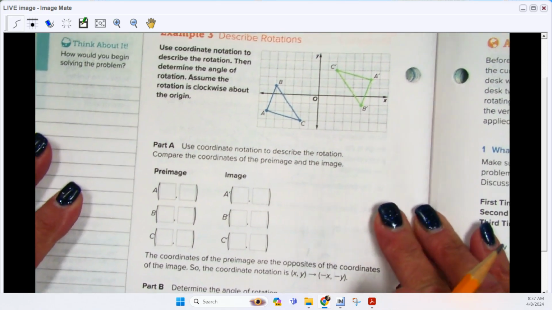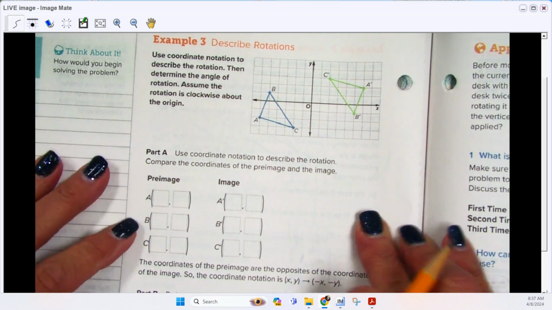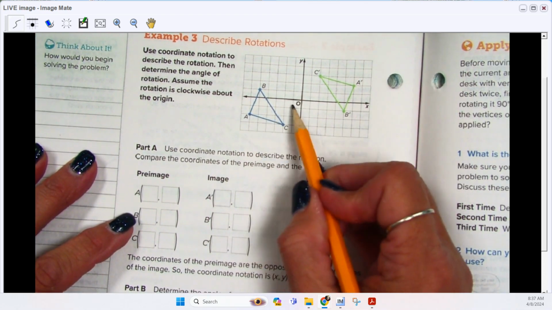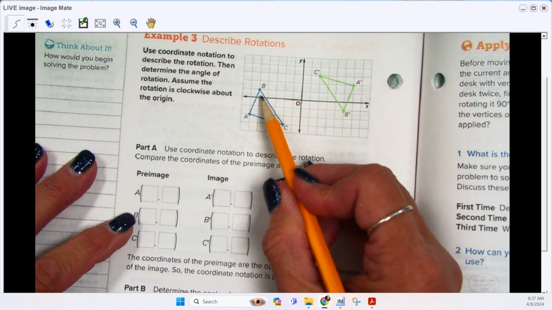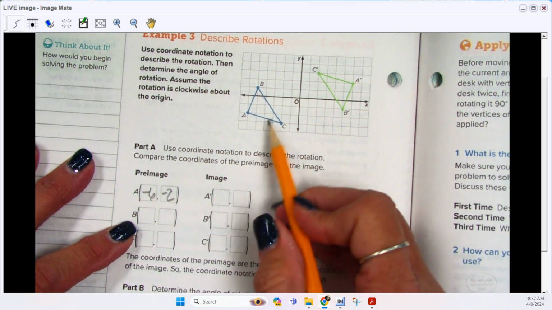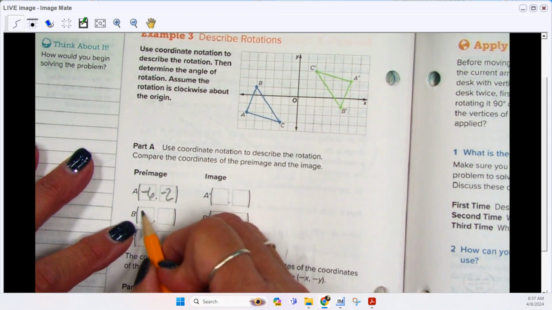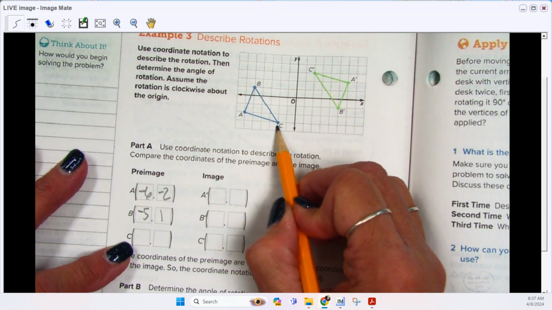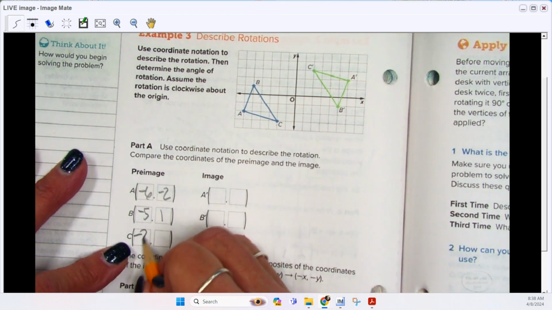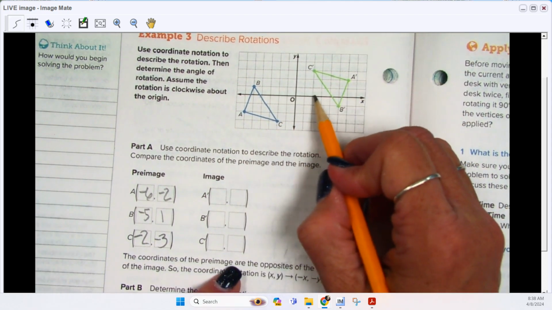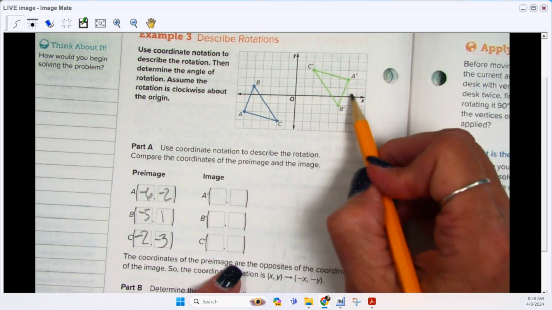Okay, so here we have these. If I look at the pre-image, I want to write down its spot. So 1, 2, 3, 4, 5, 6. So A is negative 6, negative 2. Then B is negative 5, 1. And C is negative 2, negative 3. And then I'm going to write down the image. So this is 1, 2, 3, 4, 5, 6.